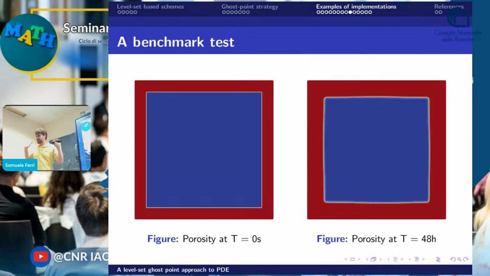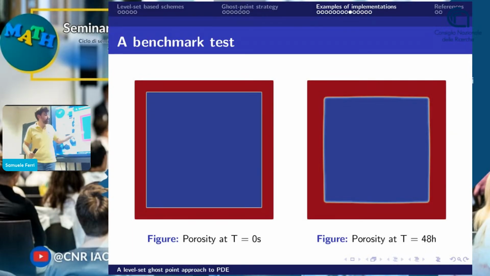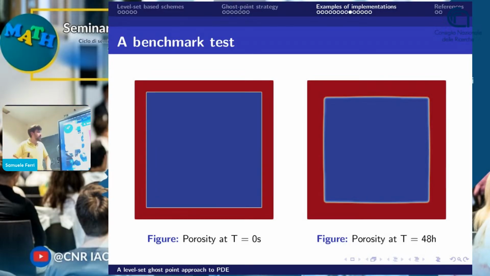It is just a benchmark test. These are the graphics of the porosity at t equal to 0 seconds, and then after 2 days. As you can see, the border is shrinking, so everything works fine.